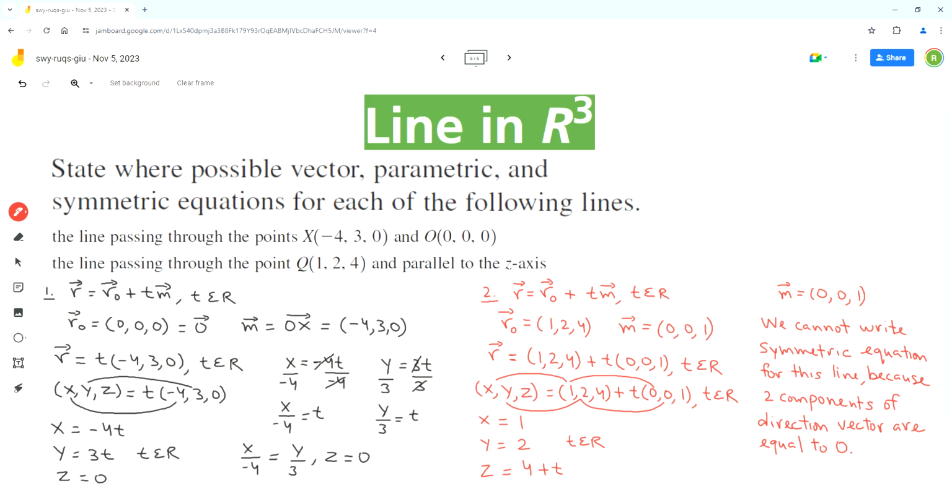So this can be the final answer for the symmetric equation. So these are the steps you have to keep in mind to solve a problem like this one.